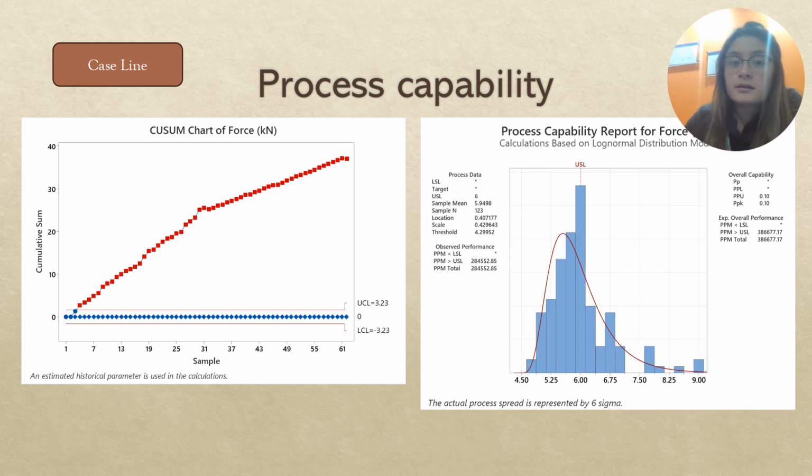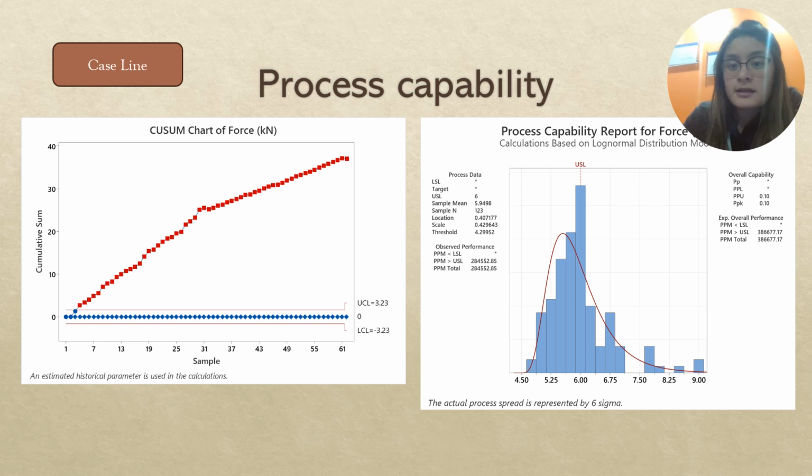And we can see it here in the process capability report for force, where most of the process data that we already have is over the limit. 28% right now is above the upper limit. And this graph tells us how it is going to behave with the passing of time.